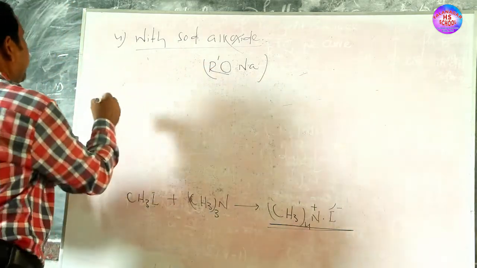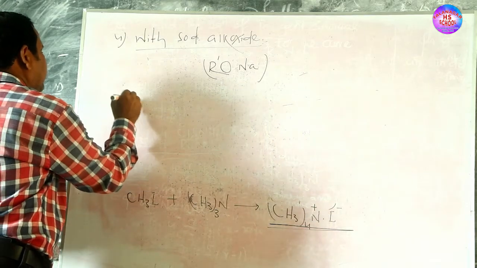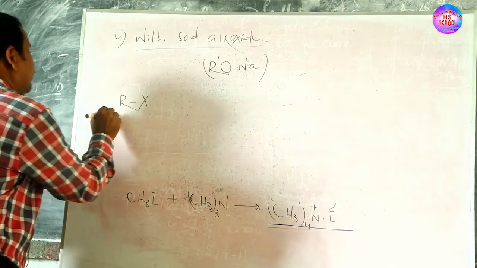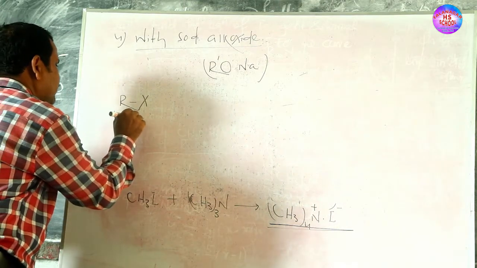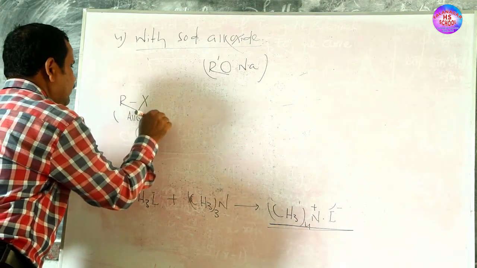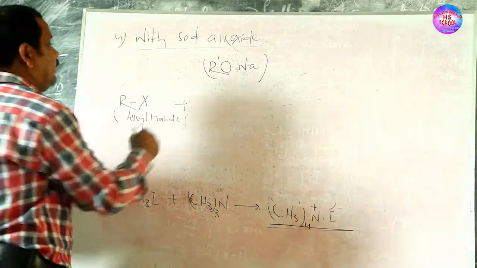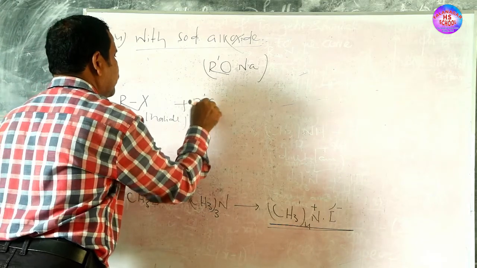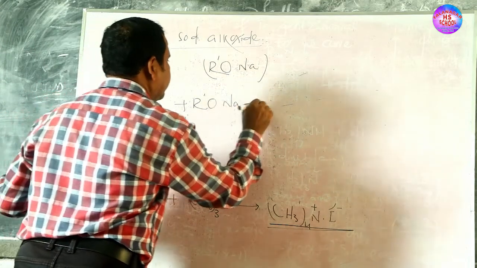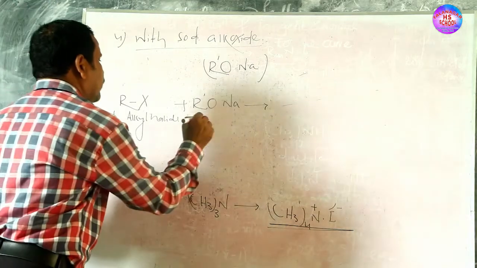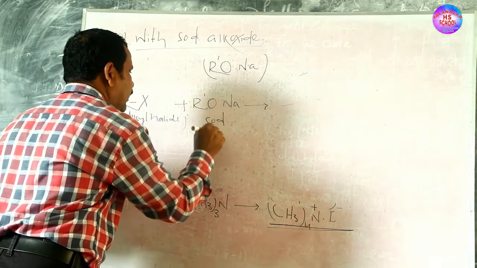So now see, alkyl group R-X. RX is called your alkyl halide. This compound is alkyl halide plus R'ONa. It is sodium alkoxide.